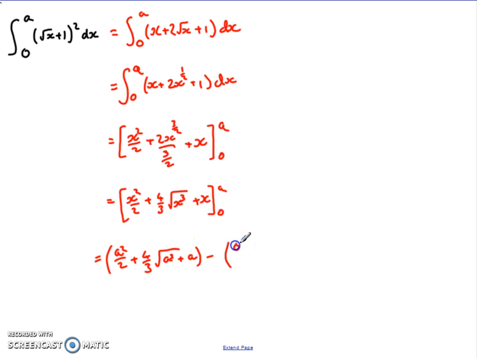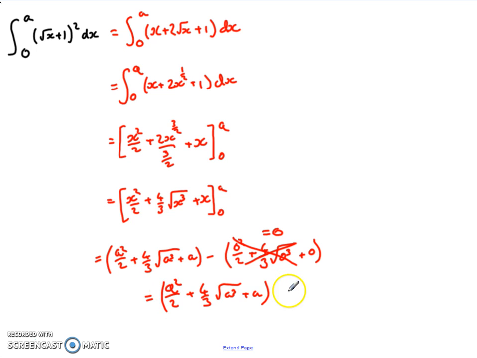Take away 0 squared over 2 plus 4/3 times the square root of 0 cubed plus 0. Well, that whole bracket there just disappears and becomes equals 0. So then our final answer is a squared over 2 plus 4/3 times the square root of a cubed plus a. And that's units squared.